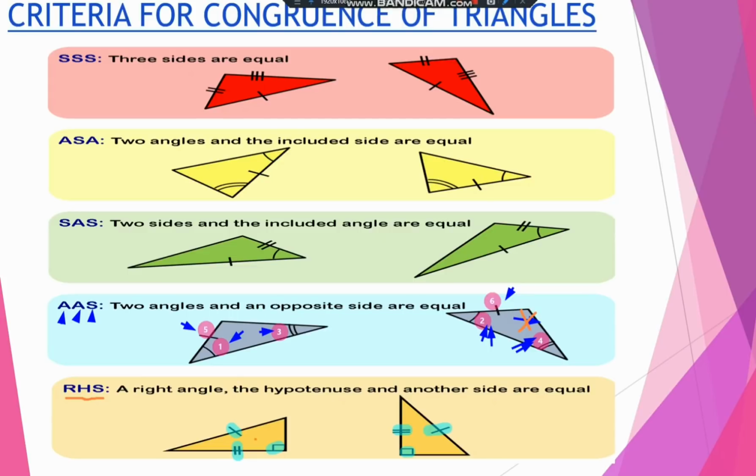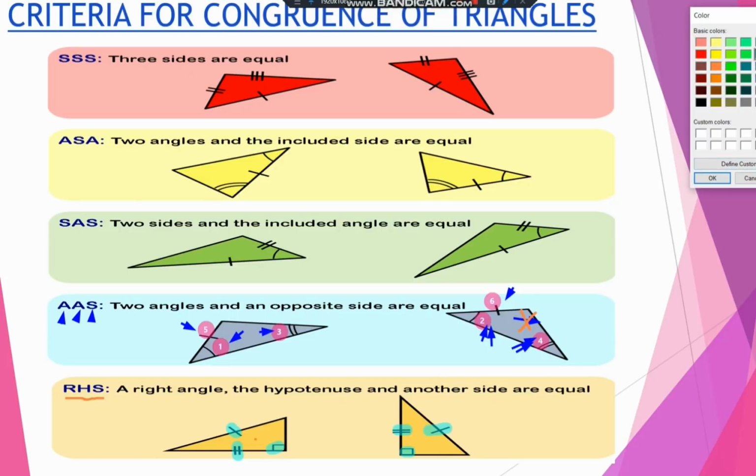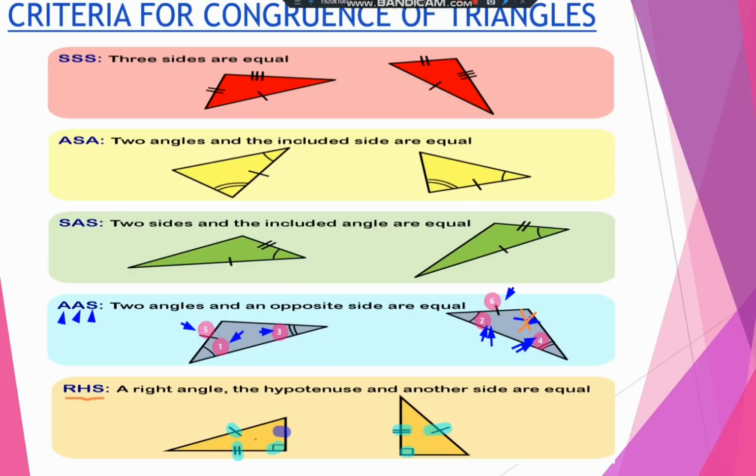So if you are choosing, suppose in this case, another side, say this side, so this side could also be equal to this side. So you need only one side. I am showing you an extra pair of sides, if you want to choose that, instead of this side.